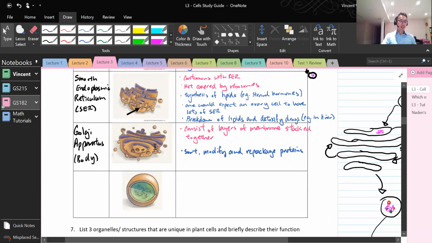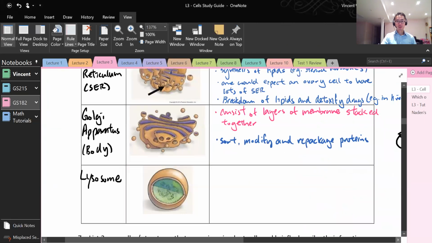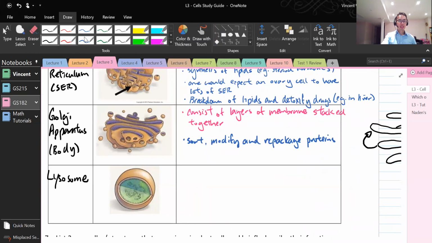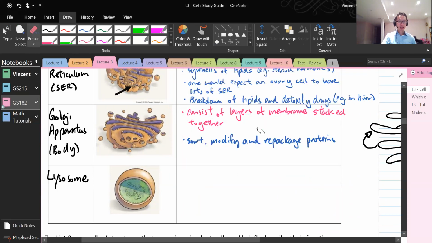Lysosome. This is the lysosome. Okay, so the description: it is, again, part of the endomembrane system.